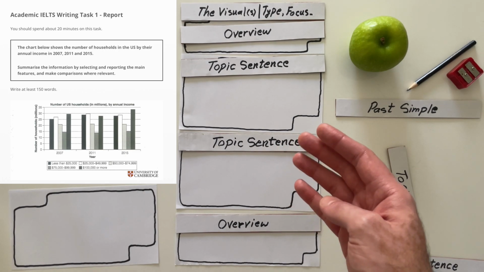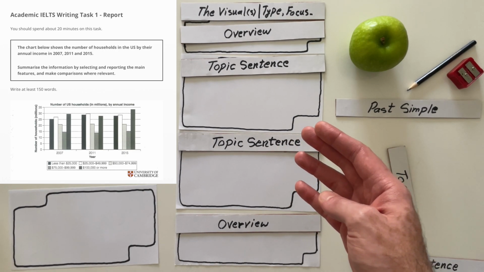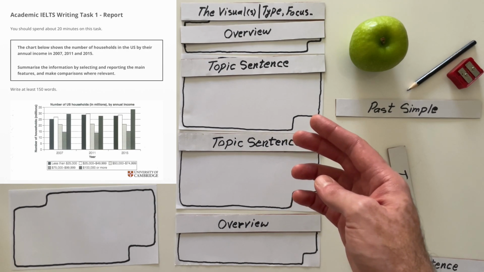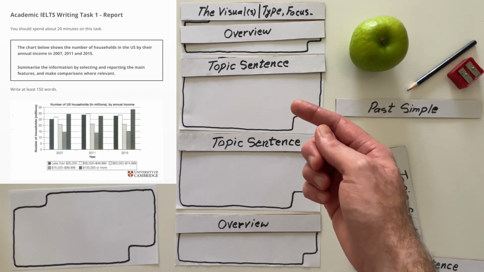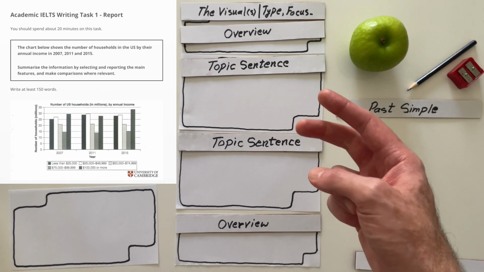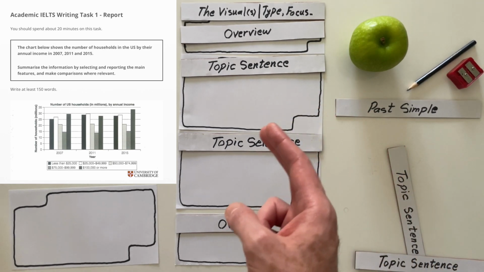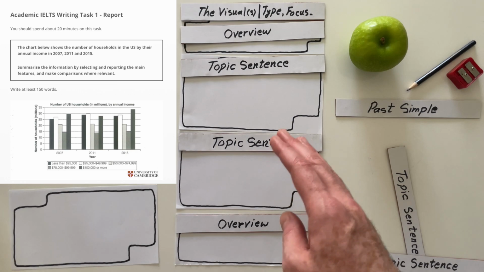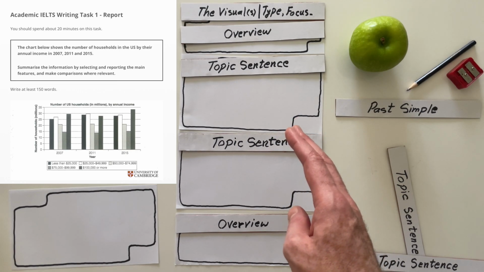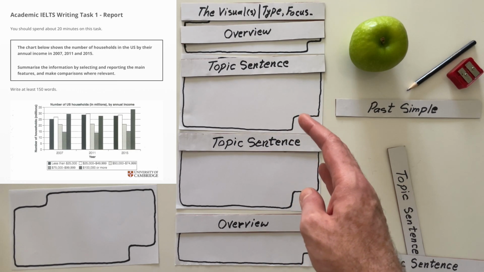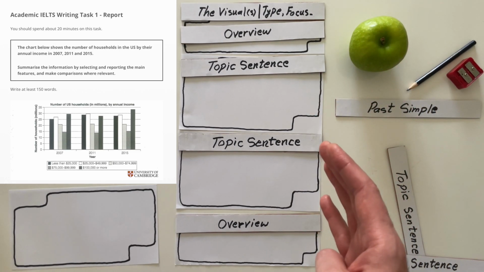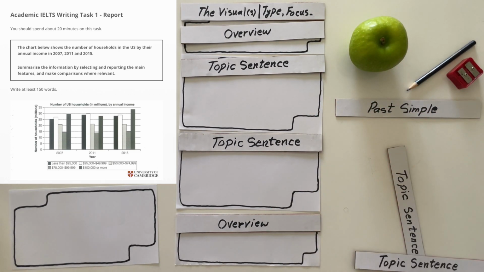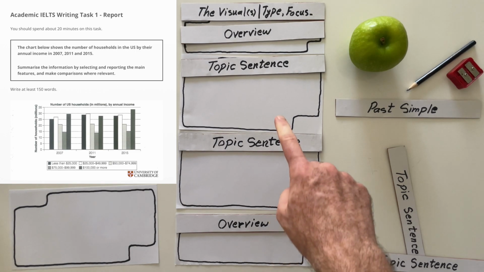And the other one, I can say that it exceeded 30, and in 2007 and 2011 it was twice the number of households for 75,000 to 100,000. And in 2015, it was twice and more. So it exceeded 30 million households. It actually basically exceeded 33 million households in the US. That will be my first sentence.